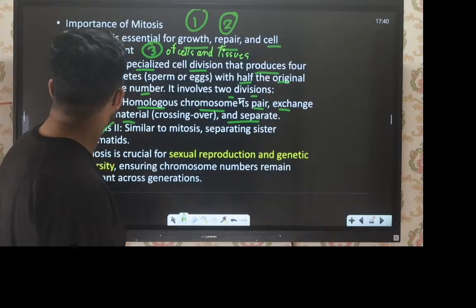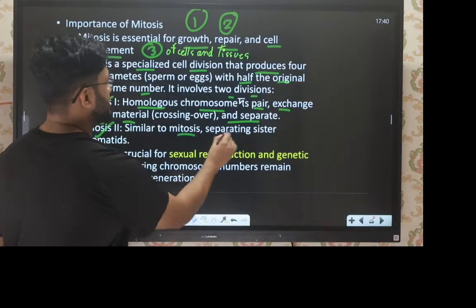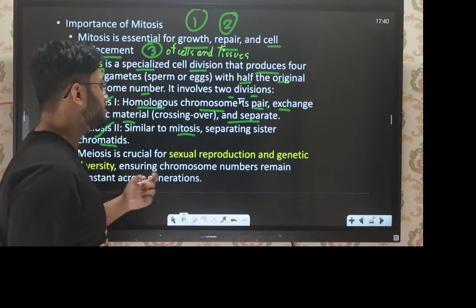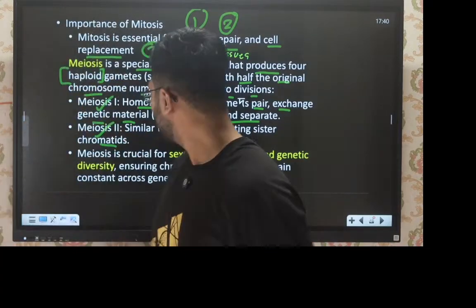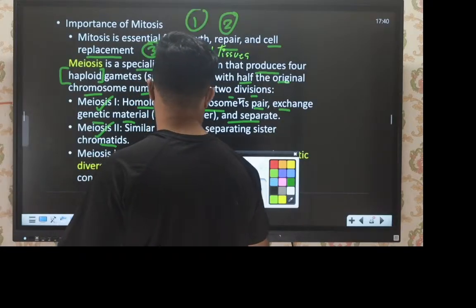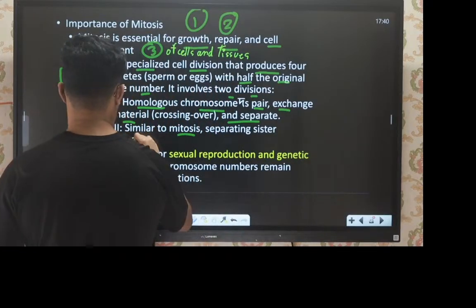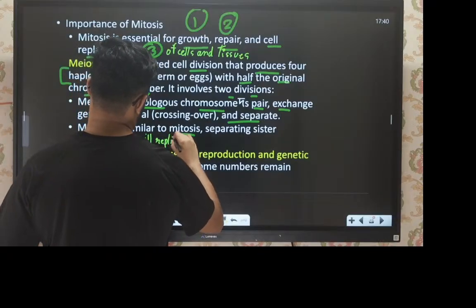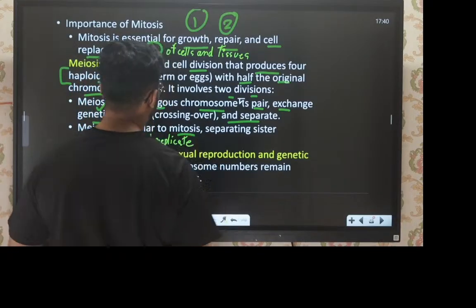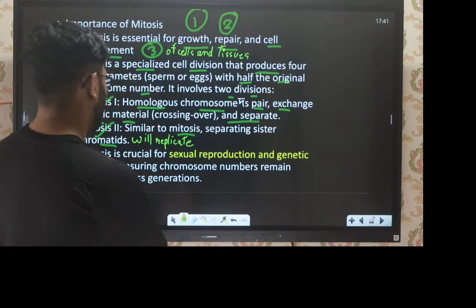That's meiosis 1. Meiosis 2 is similar to mitosis, where the sister chromatids separate. We'll learn this in the next picture.